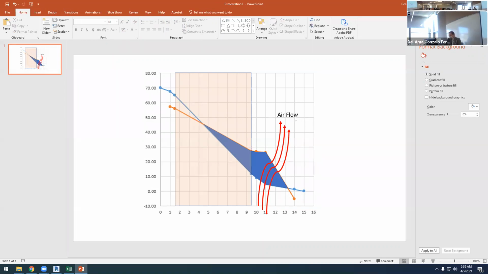If the airflow is outside, this is for free. So eventually some water will appear here, but if we have airflow, it will dry out this cellulose.